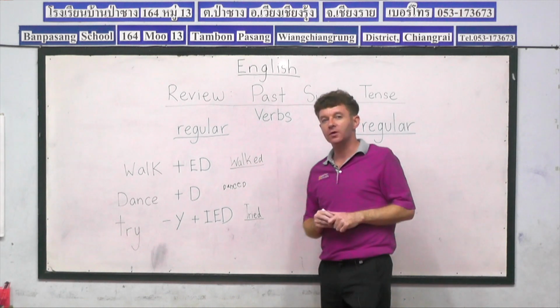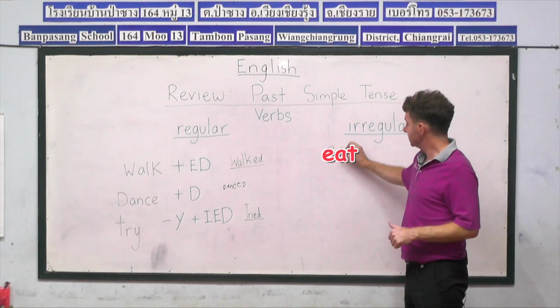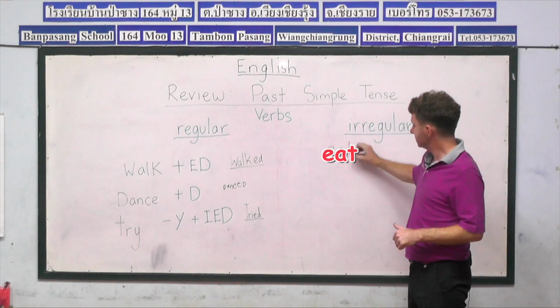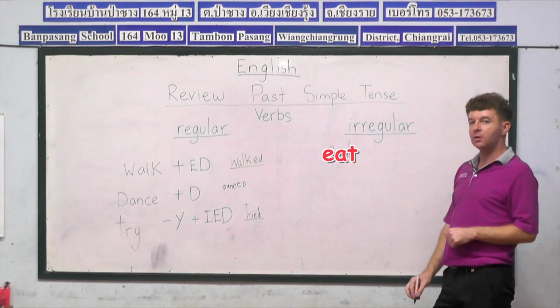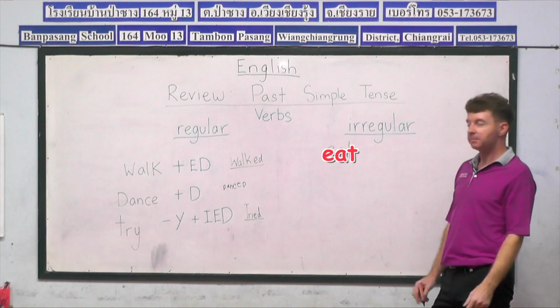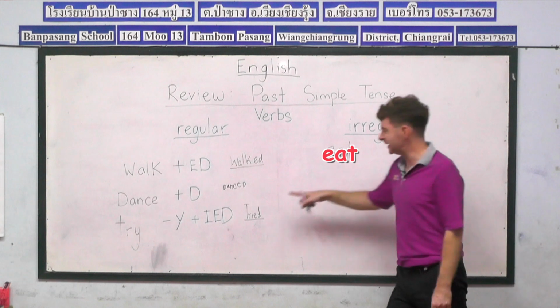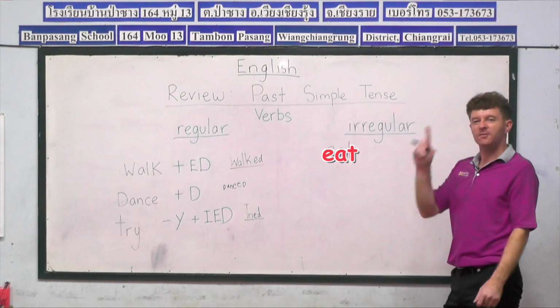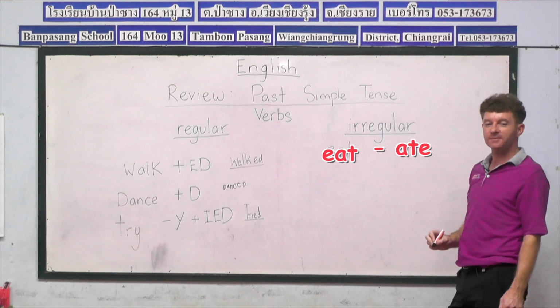Let's see who can tell me what this word is. Eat. Yes. Now, eat is what we call an irregular verb because we can't say eated. For the past tense form of eat, we have to change the word.